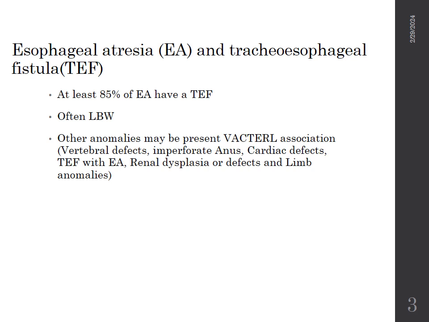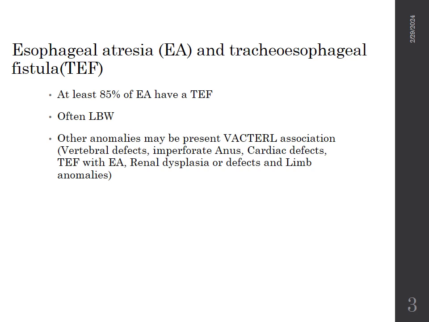Let's start by talking about esophageal atresia, whether it's associated with a fistula or not, and we will explain this in the types of esophageal atresia. We need to know that at least 85% of cases of esophageal atresia will have an associated fistula. When I say esophageal atresia, this means atresia of the esophagus.